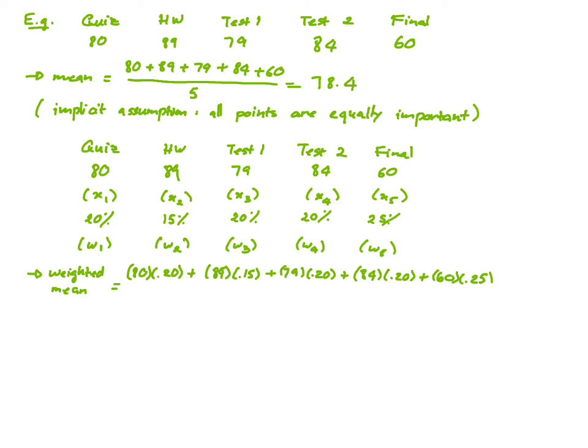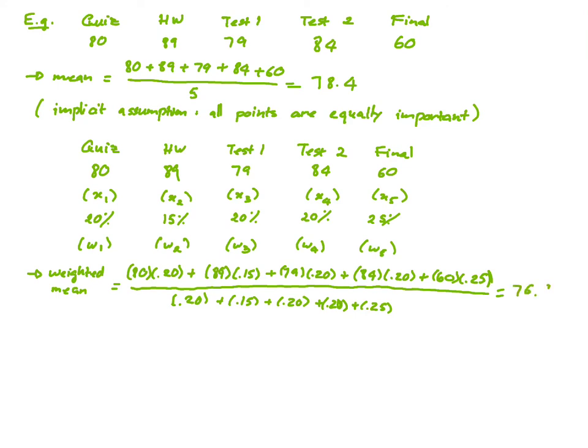And then I want to divide that by the sum of all the weights. So in the denominator, you're going to have 0.2 plus 0.15 plus 0.2 plus 0.2 plus 0.25. Okay. So if you do the math for this problem, you're going to end up with a weighted mean of 76.95.